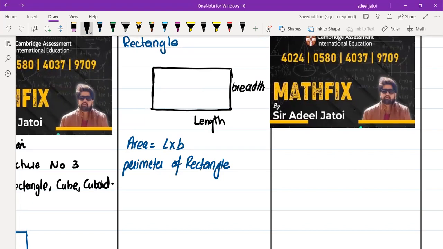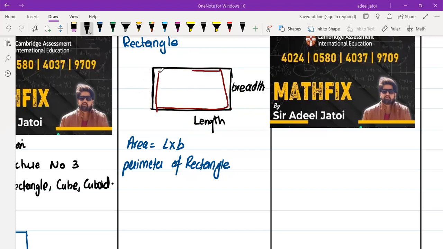Perimeter means adding up all the sides. So you have two exact same sides of the length and two exact same sides of the breadth. So add length and breadth and multiply by 2, or add two lengths, add two breadths and add them up.